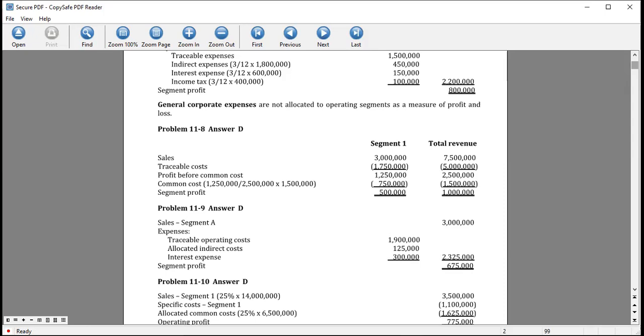Then we have the traceable cost given at 1,750,000. The difference is profit before common cost of 1,250,000.